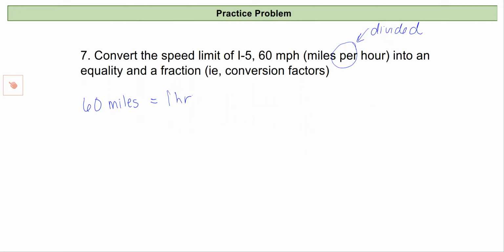So this is our miles per hour written as an equality. I can also write this as, from just the way it's written, 60 miles per hour. As a conversion factor, I can also flip this and say that in 1 hour, I travel 60 miles. So these are 3 different ways to write this as a conversion factor.